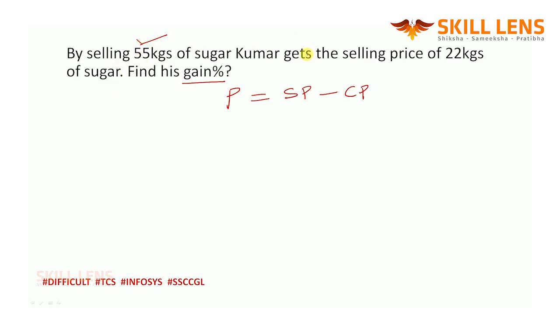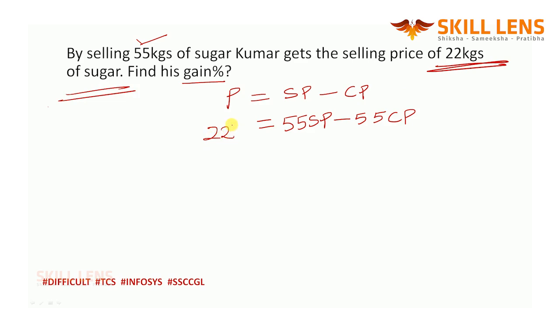Guys, if Kumar wants to sell 55 kgs, first he needs to bring 55 kgs of cost price, no? He needs to bring 55 kgs of sugar. Then only he will sell 55 kgs of sugar. Then only he will get 22 kgs of sugar. So, the profit is what? 22 kgs of sugar, which is in SP.